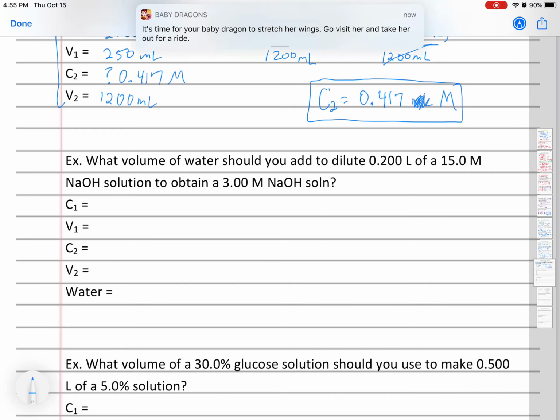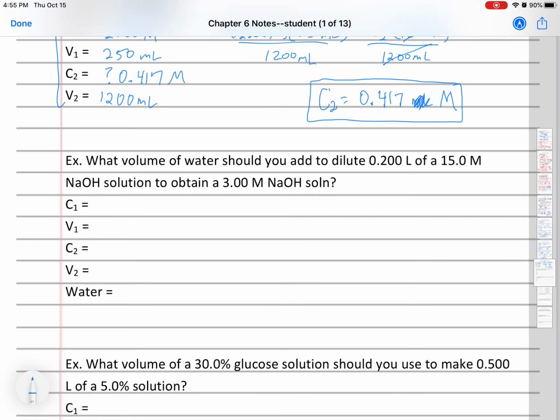What volume of water should you add to dilute 0.2 liters of a 15 molar sodium hydroxide solution to obtain a 3 molar sodium hydroxide solution? So it says, what volume of water should you add to dilute? That word dilute tells me this is a dilution problem. I'm using C1V1 equals C2V2. So I've got those mapped out here, and I'm going to plug those in.